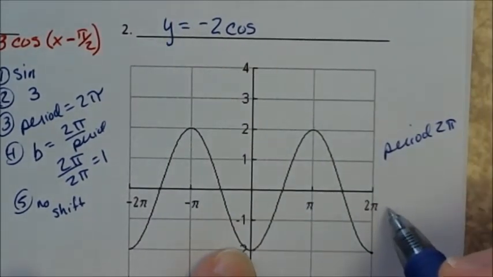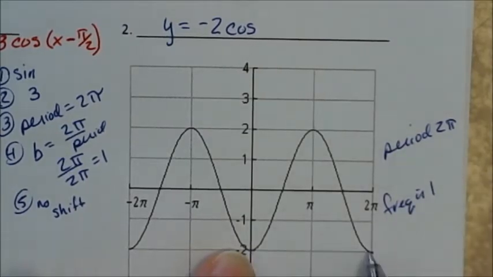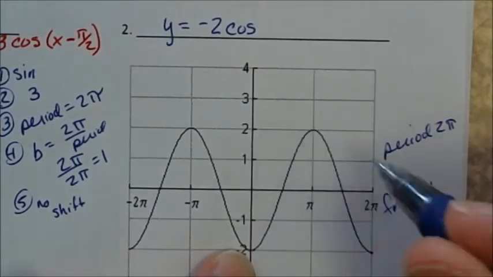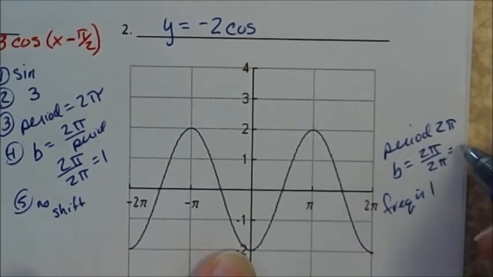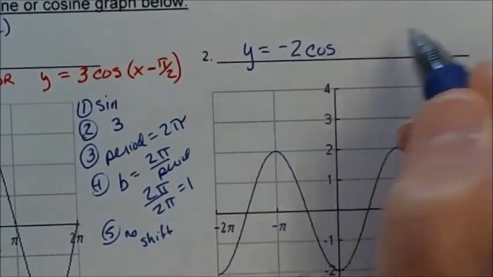The frequency, the b value, is 1. We have one complete inverted cosine curve from 0 to 2 pi. Calculating the b value based on the period, it's 2 pi over 2 pi, which is 1. So this is y equals negative 2 cosine 1x.